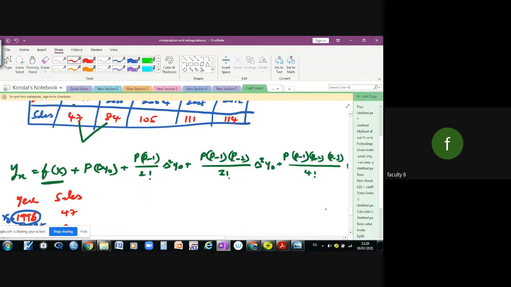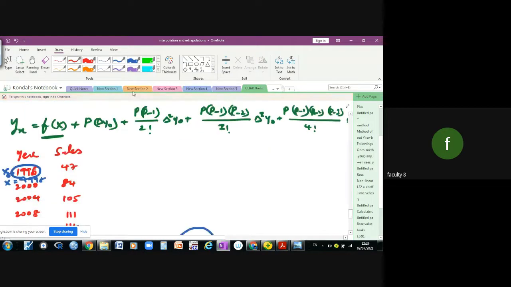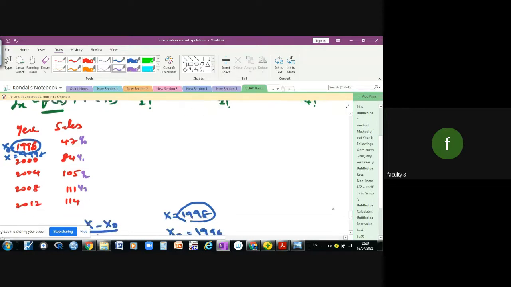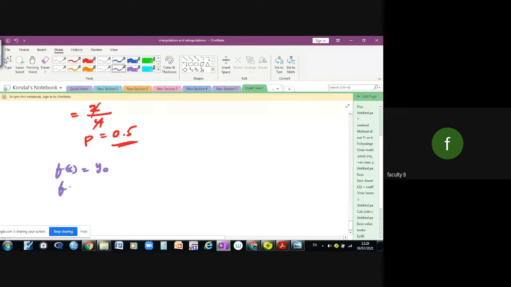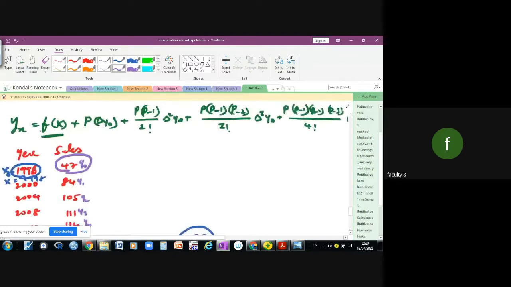We need to write here y0, y1, y2, y3, y4. So simply f of x is nothing but y0. So f of x is equal to how much? 47, right? So here we got the f of x value and p value.